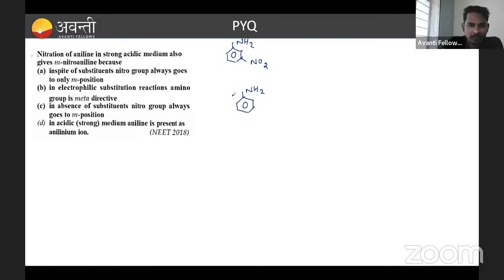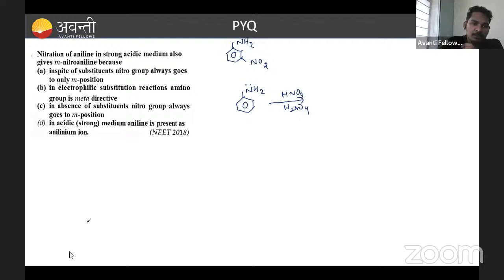Okay, so you have to find that out. So if you are doing nitration of this one with H2SO4, what will happen? This NH2 is basic in nature, and this is our acidic medium.